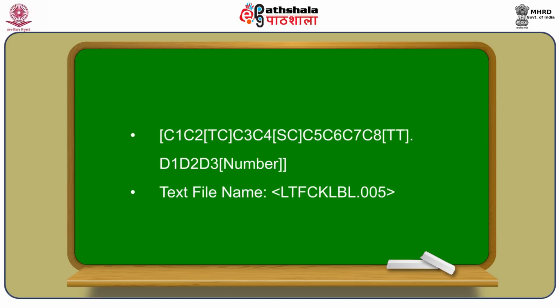As I have already mentioned, LTFCKLBL.005 is a unique file name. This file name in total contains 12 characters. The first two characters, LT, stand for the abbreviated code of the text category literature. The next two characters, FC, constitute the subject subcategory, fiction.